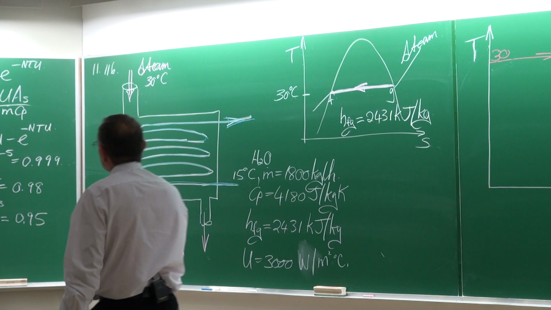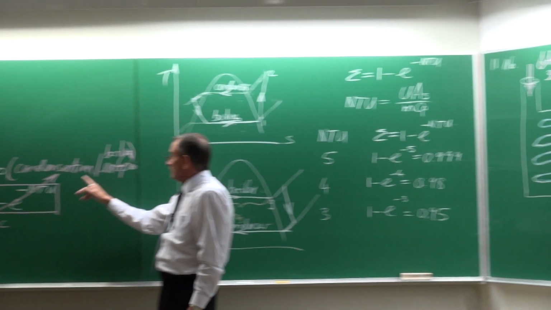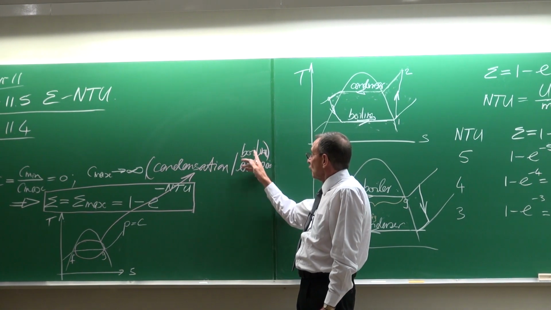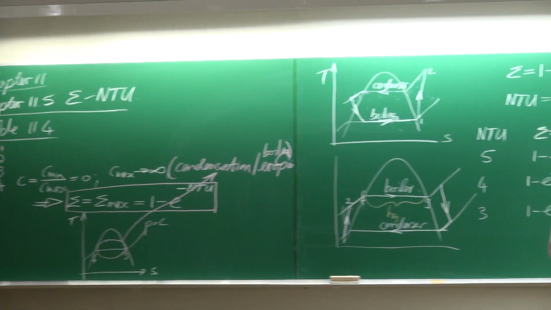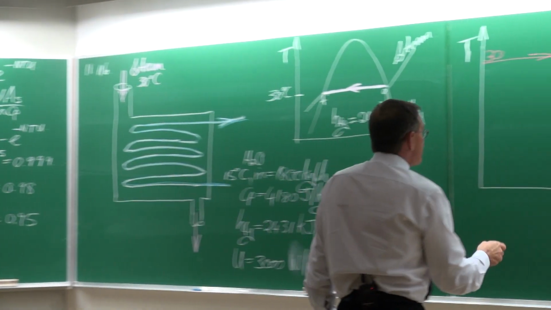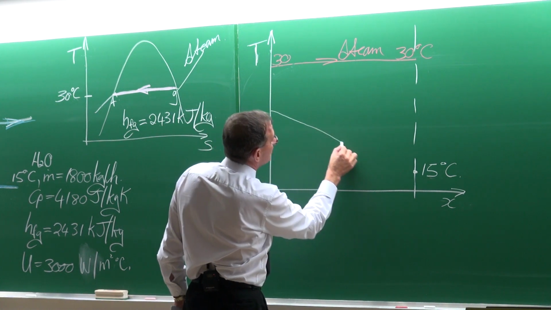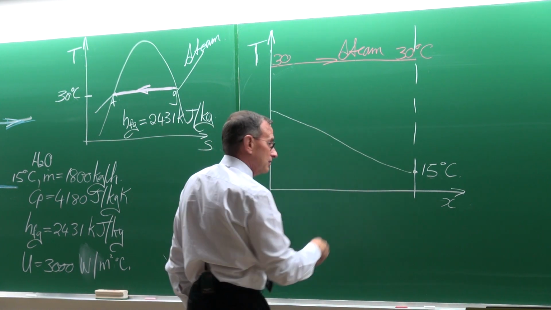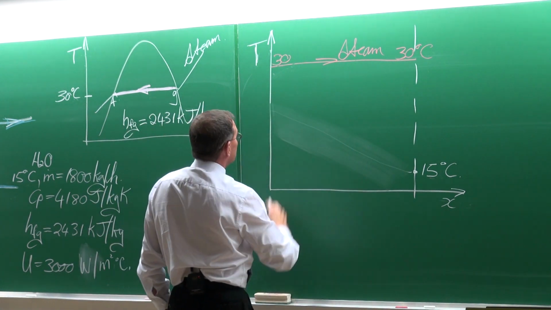And taking into consideration that when we've got condensation or boiling or evaporation, then the effectiveness of the heat exchanger would be equal to that. So let's just schematically show a typical temperature. Well, it doesn't have to be linear. Let me rather not do it like that.